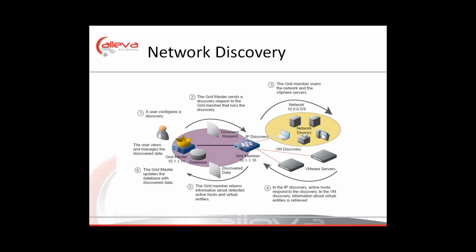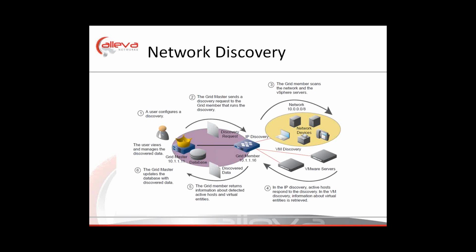Now just touching on some of the features in Infoblox, one of the things we've got are these things called extensible attributes. Now these are basically custom fields that allow you to store any kind of metadata against a subnet address or a device address, or anything you want really.